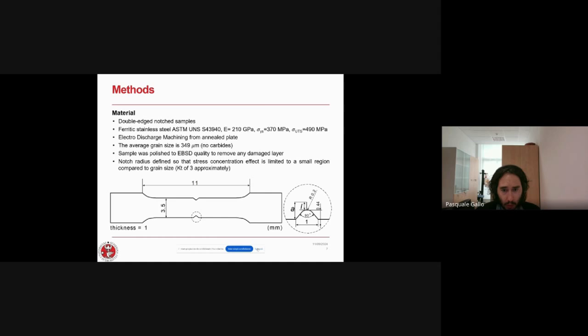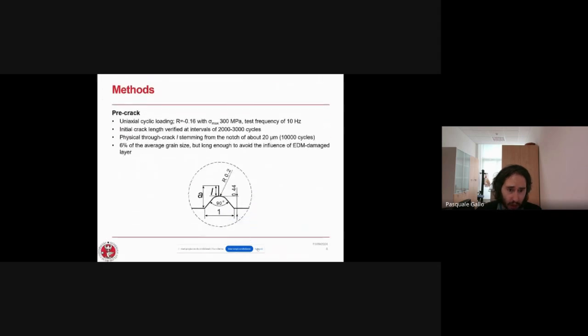Then we polished the sample to remove any damaged layer, and there was the notch radius, as you can see there in the picture. After the sample was ready, we introduced our pre-crack. In this case, we used uniaxial cyclic loading with a slightly negative loading ratio.